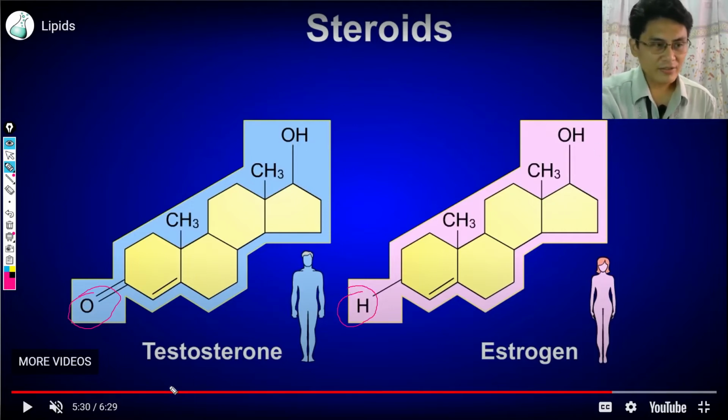So testosterone, therefore, is very much related to estrogen. And as you know, estrogen has a very different function than testosterone. So estrogen is part of the hormones that control the menstrual cycle. Testosterone is obviously for the male, so this is for sperm production and other secondary male features, right? But you would be surprised to know that the difference between the two is just this attachment here, right?